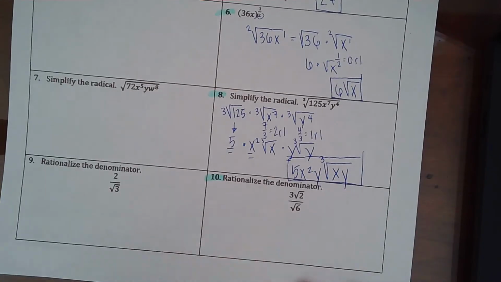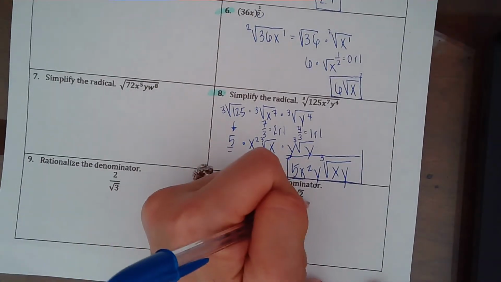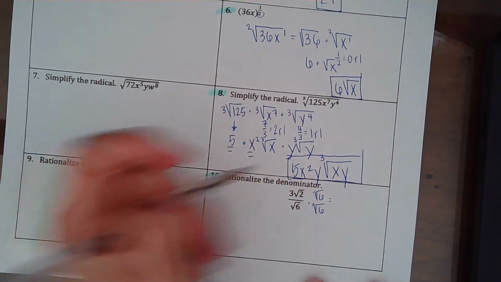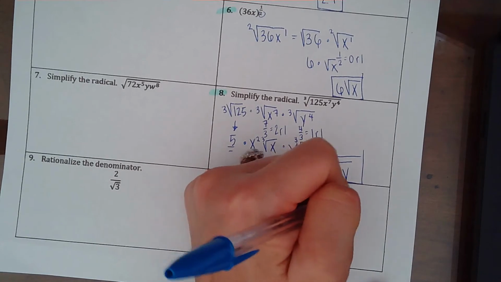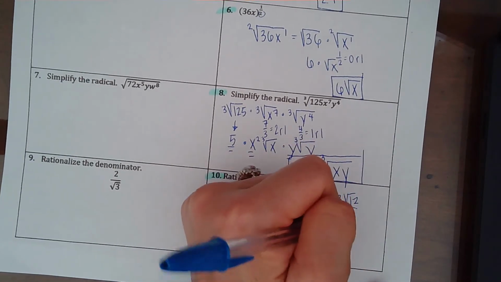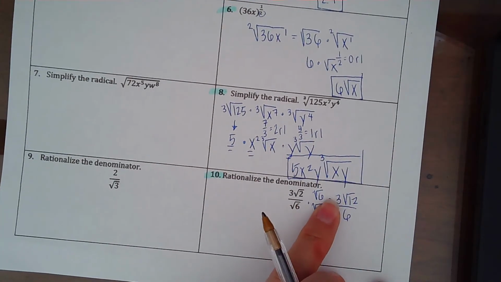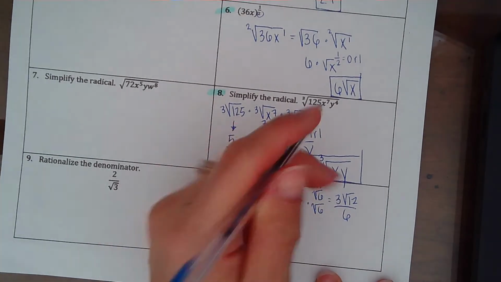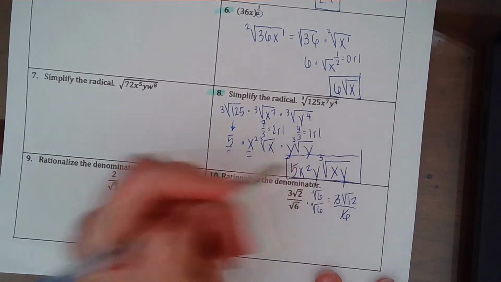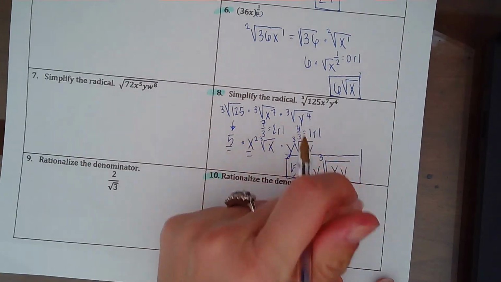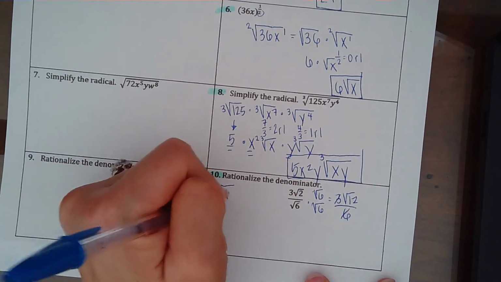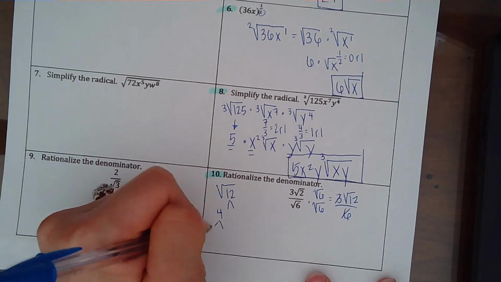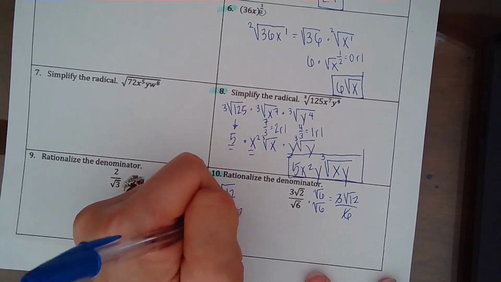And then here, I've got to get rid of this rad 6. So I'll multiply both the top and bottom by rad 6. And I'll end up with 3 rad 12 over 6. And then, I guess I could have reduced there. Oh well. Okay, so then let's reduce our rad 12. The perfect square that goes into that is 4, so 2 and 2, and 3.